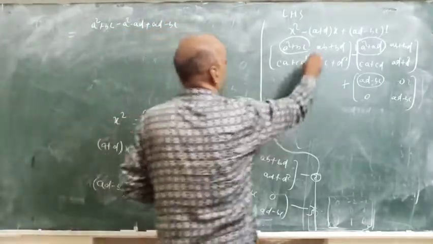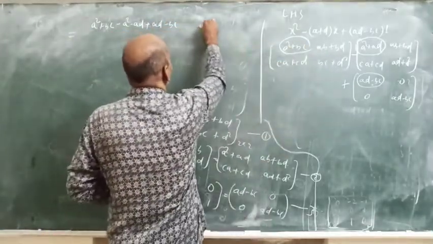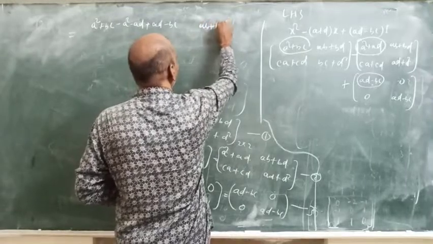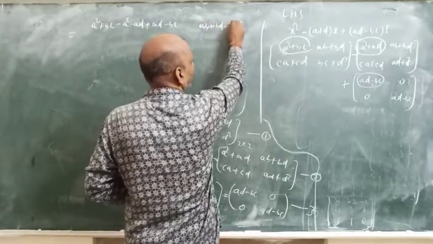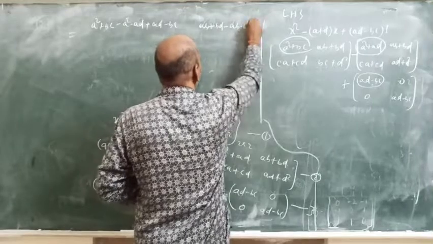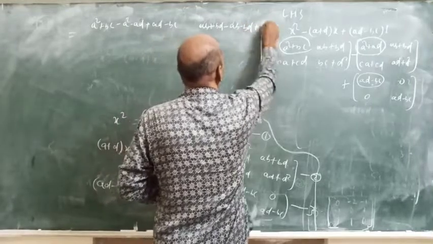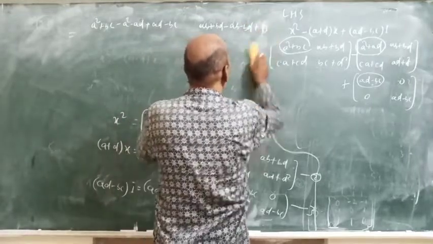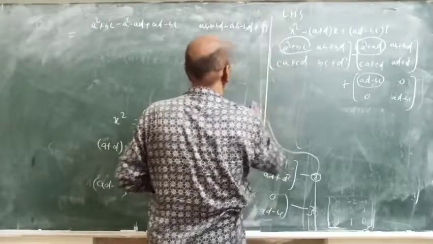The second one: ab plus bd minus ab minus bd plus 0.